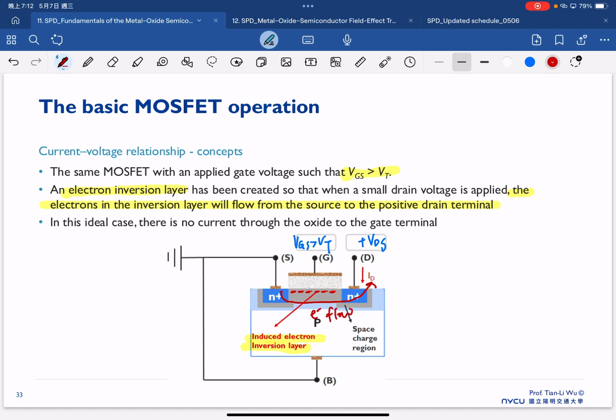That's why we start to see the drain current. In the ideal case, we assume there's no current through the gate terminal, so the gate current is equal to 0. Of course, in reality, because of quantum mechanical tunneling, we can always have a gate current, but to simplify this, we consider Ig equal to 0.